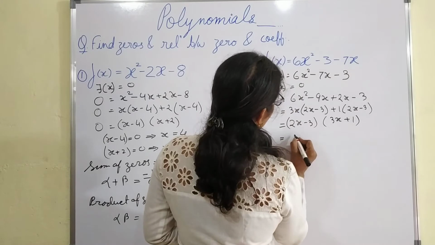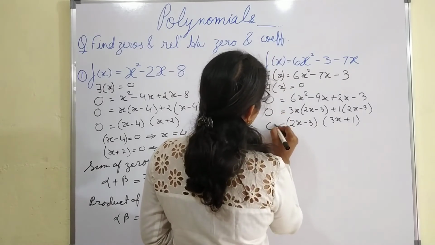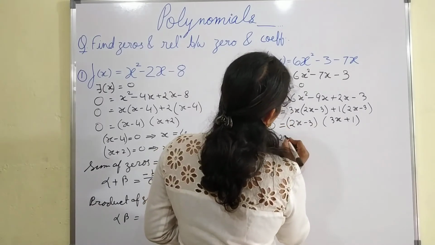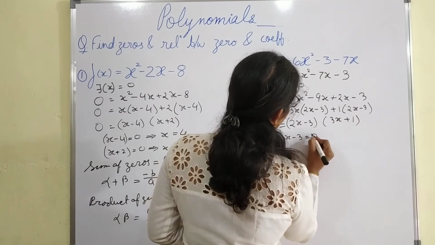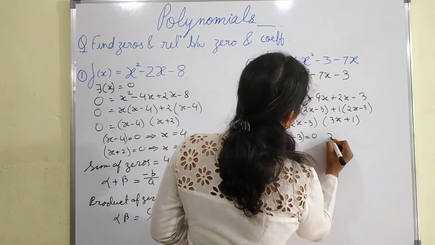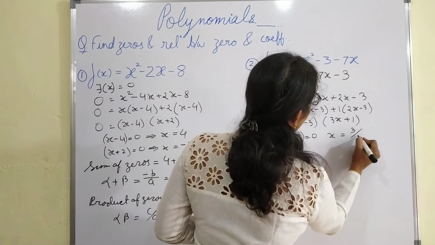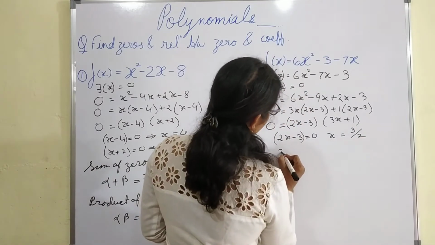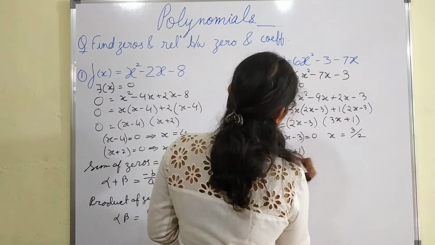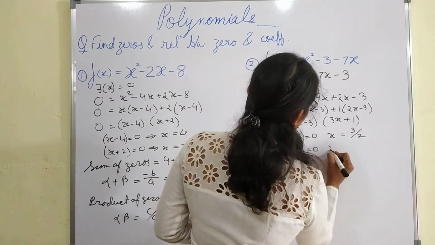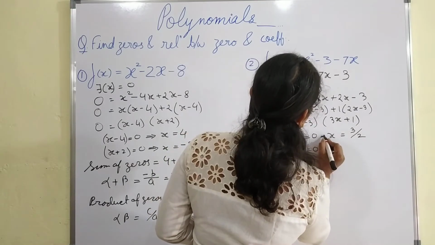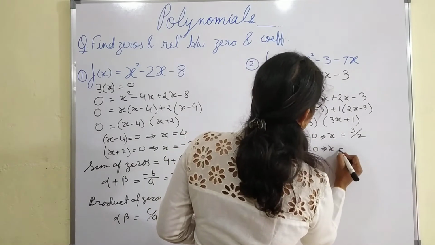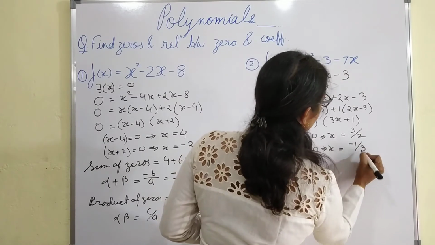Okay. So, 2x minus 3 equals 0, so the value of x will become 3 upon 2, and 3x plus 1 equals 0, so the value of x will be minus 1 upon 3.